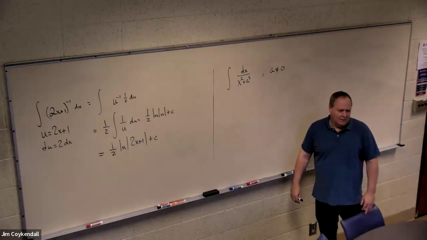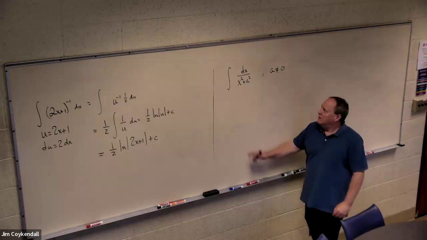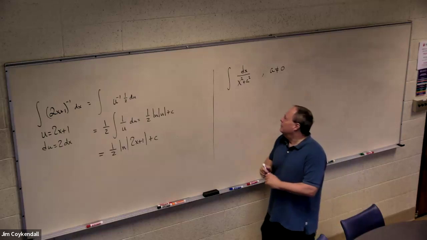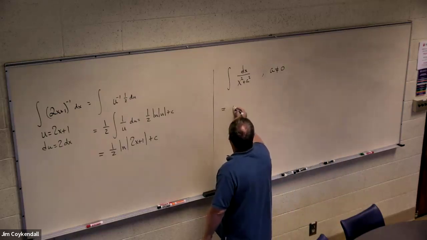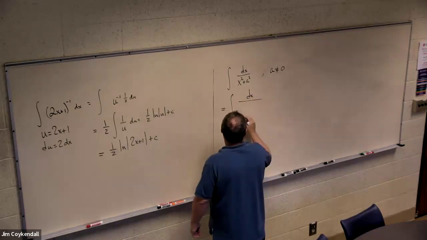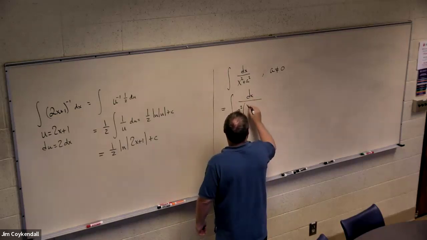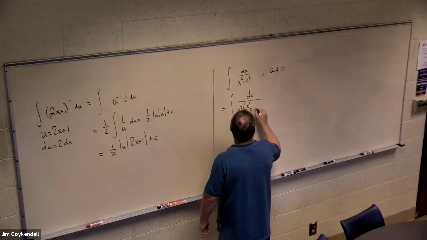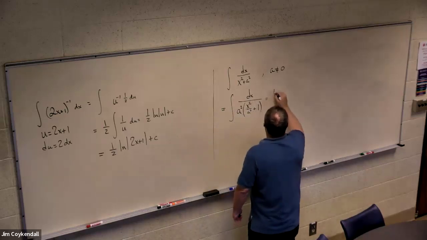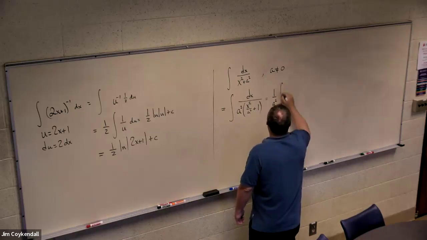What can we do? Well, don't you wish this was one? So do I. So let's do this. Factor out a squared, so this is 1 over a squared.